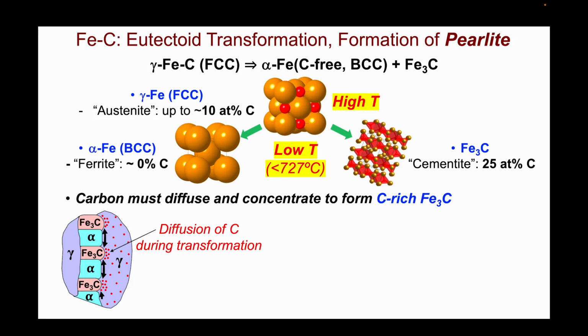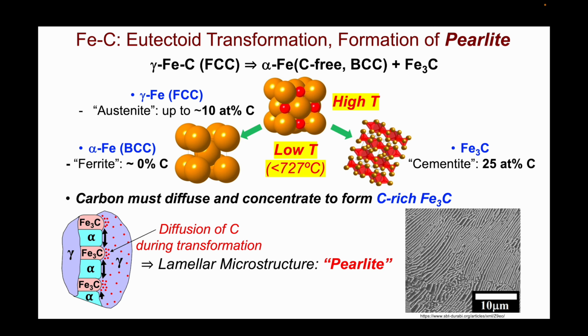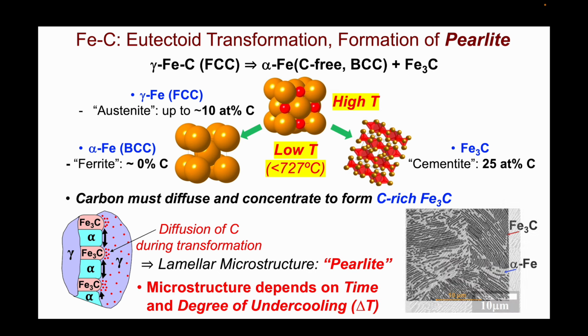This enables the carbon atoms at the interface with the mother gamma iron phase to diffuse and segregate into the Fe3C-forming regions and be depleted in the carbon-free alpha iron regions. This lamellar structure is called pearlite, so named because it resembles mother of pearl when viewed under a microscope.